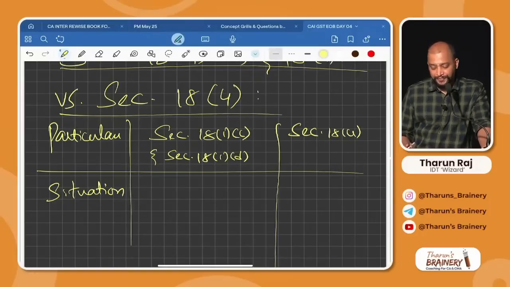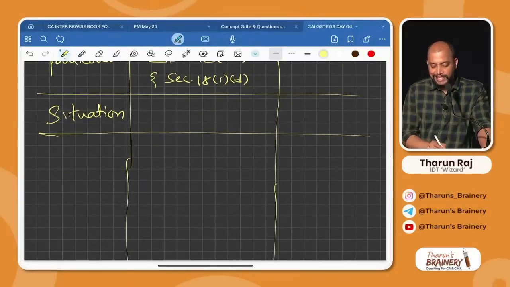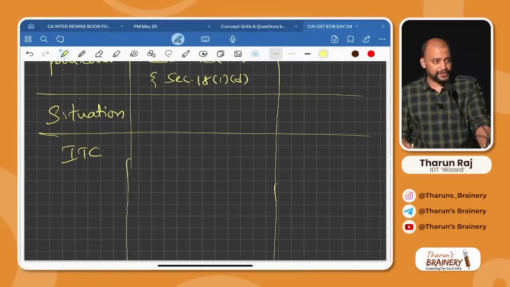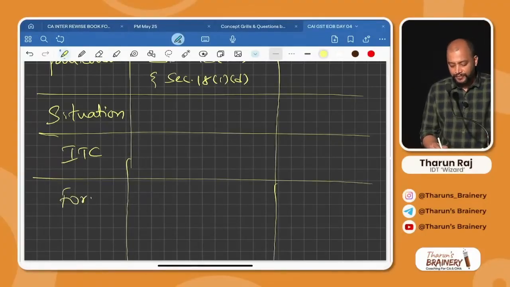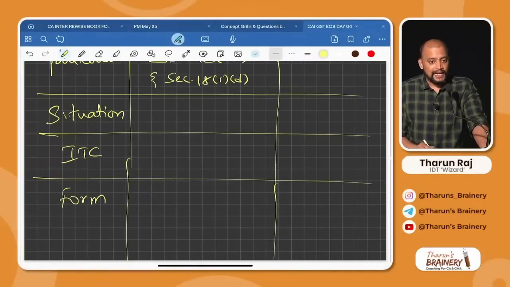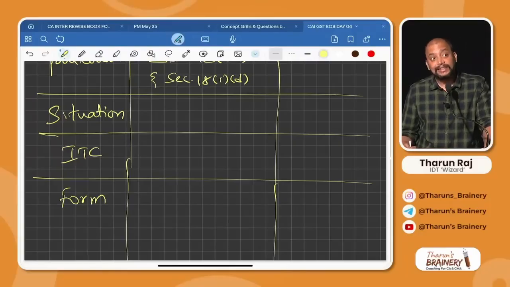That you updated? Super. Then what we will do with respect to ITC? Availment of ITC on closing stock. Here reversal of ITC on closing stock. Correct? Next, what is the form? Here ITC 1, here ITC 3.